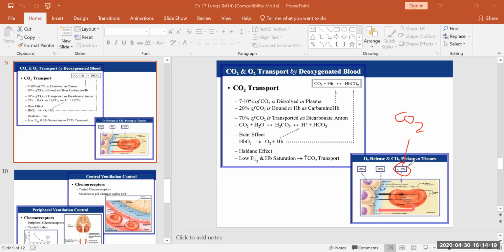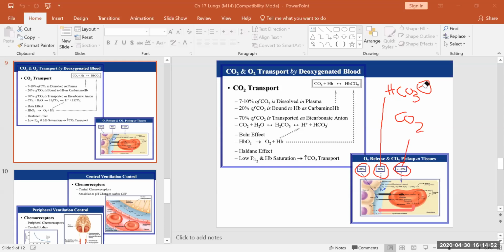So that's why there's much more CO2 being transported as is in blood plasma than oxygen. 20% is bound to hemoglobin. And 70%, like I mentioned, is transported in the form of bicarbonate, HCO3 minus. Okay.